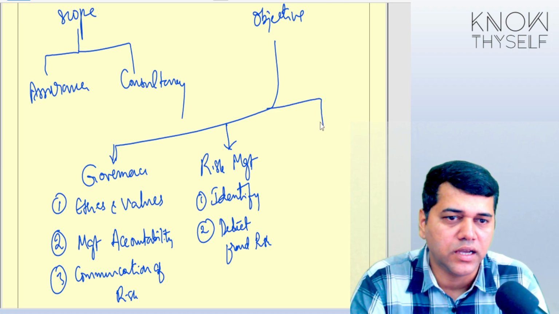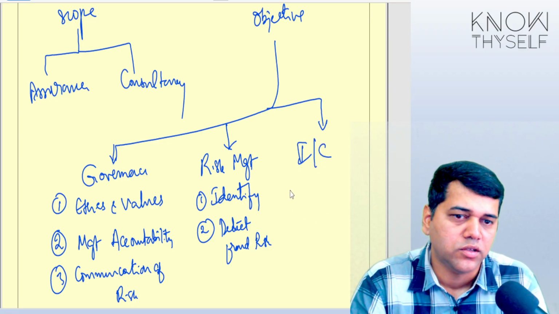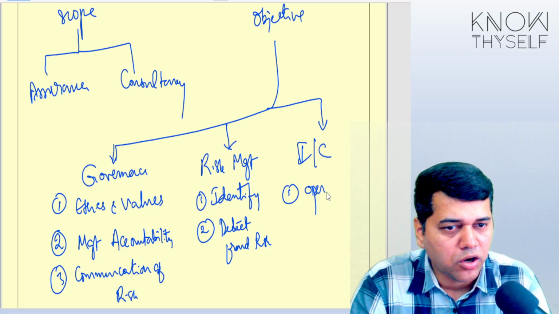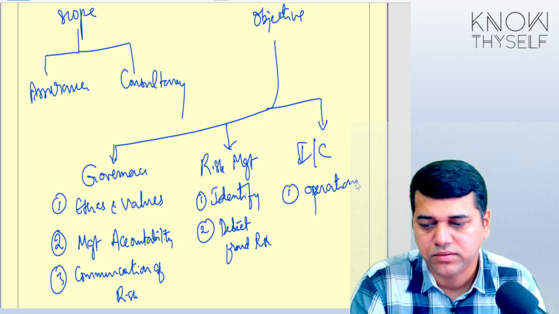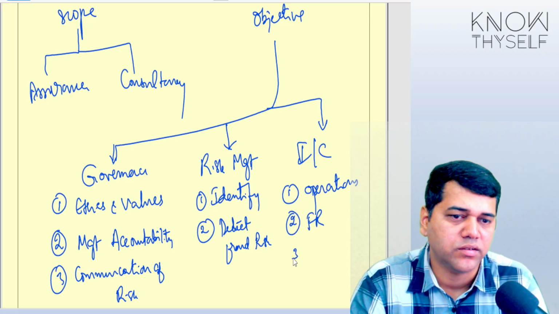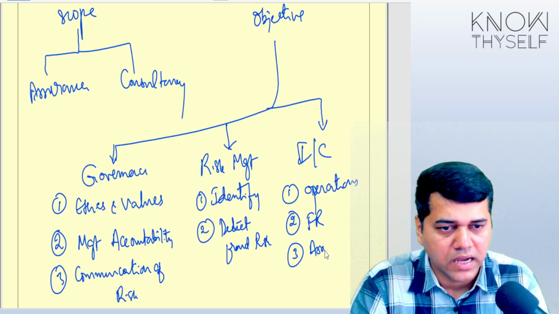And the third element is related to the internal controls. When you talk about internal controls, they have got 4: operations, financial reporting, asset safeguarding.